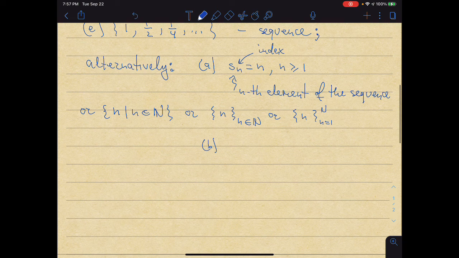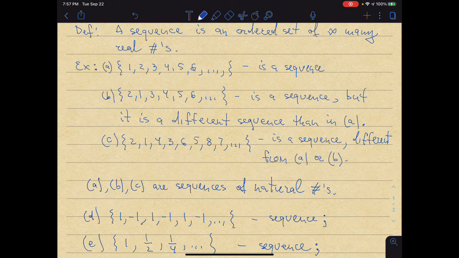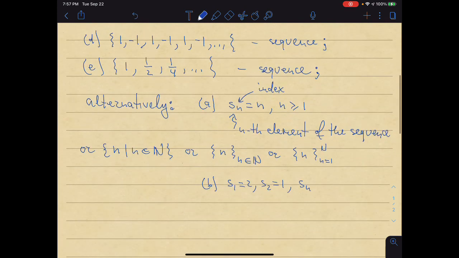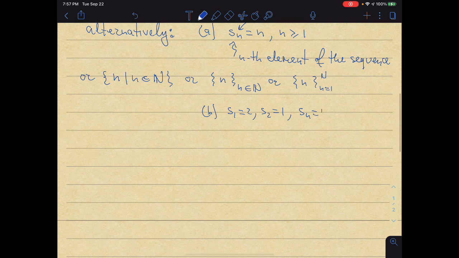So I can say this: S1 is equal to 2, S2 is equal to 1, and then for Sn, starting from 3, I'm going to have exactly the same value as the position of the element. At 3 I have 3, position 4 I have 4, and so on. So Sn is equal to n if n is greater or equal than 3. All right, so that's the sequence in B.